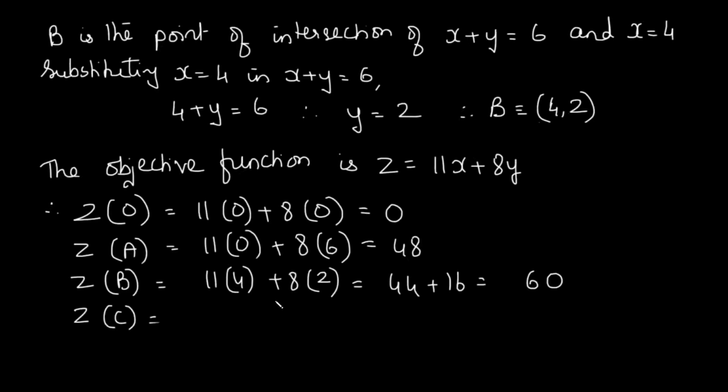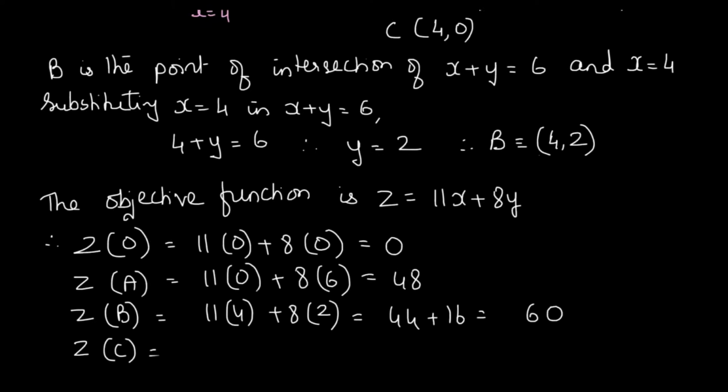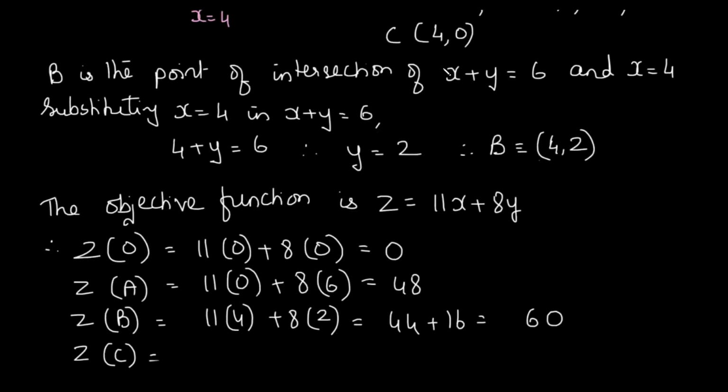Now C has the coordinates 4, 0. So as a result, ZC will become 11 into 4 plus 8 into 0, which is 44 as the answer.